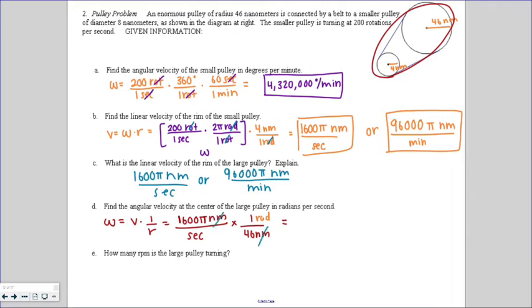Nanometers cancel, and that leaves us with radians per second, which is great. That's what we want. And then we got to do some math. 1,600 divided by 46. Is that a thing? I don't think so. Great. So 800 pi radians per 23 seconds is our final answer there.